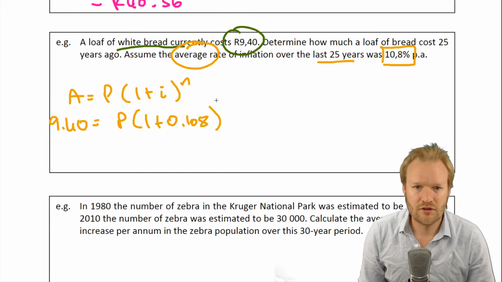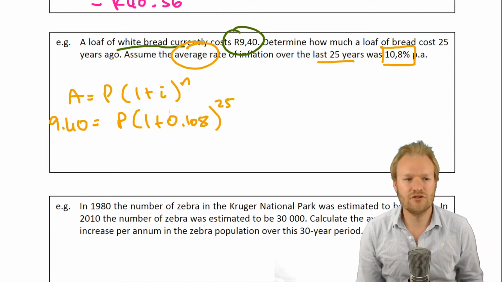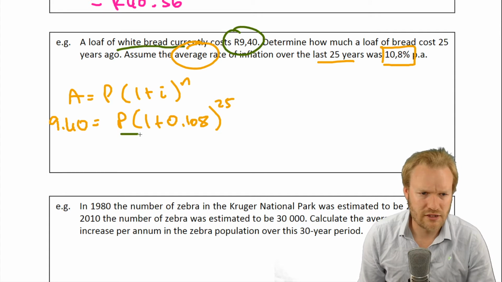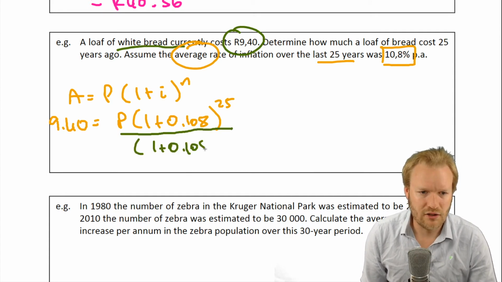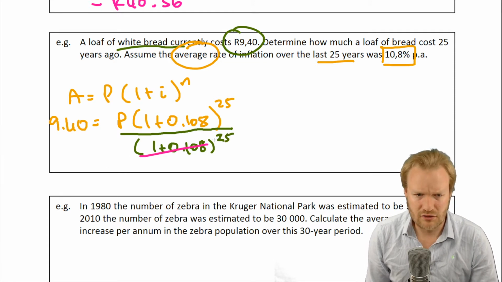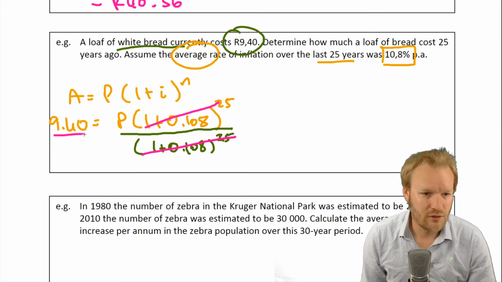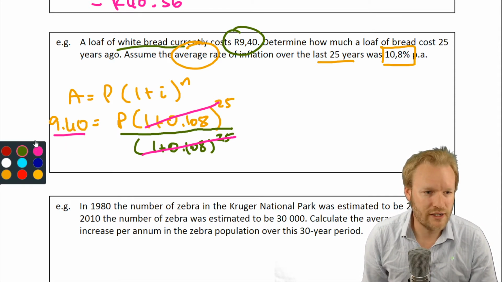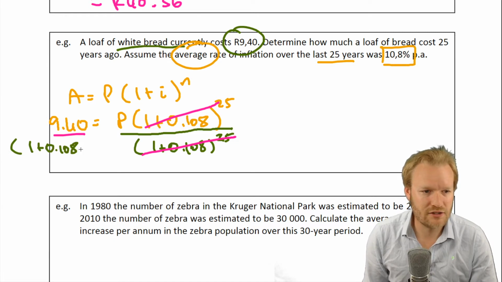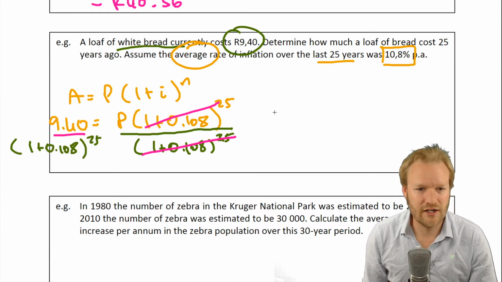so 0.108, 25 years. And all we need to do, let's divide that whole side by (1 plus 0.108) to the 25, so that those whole things kind of cancel. What we do on one side, we do on the other. 1 plus 0.108, 25.